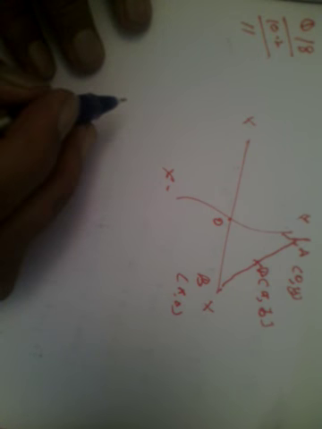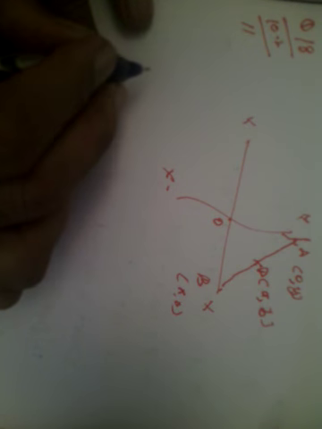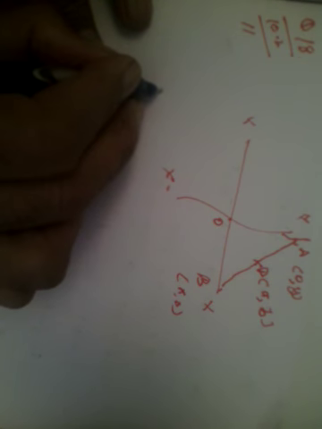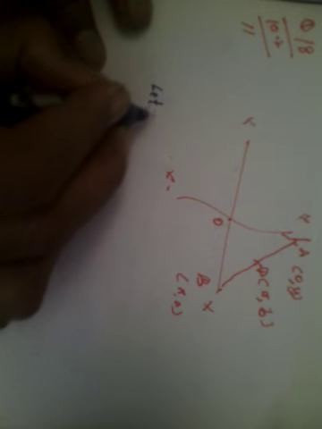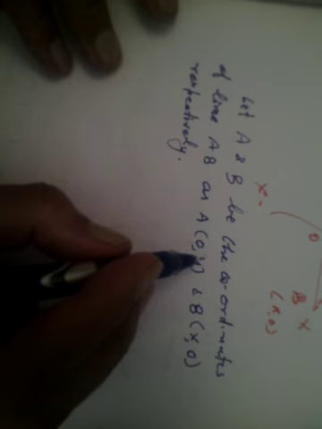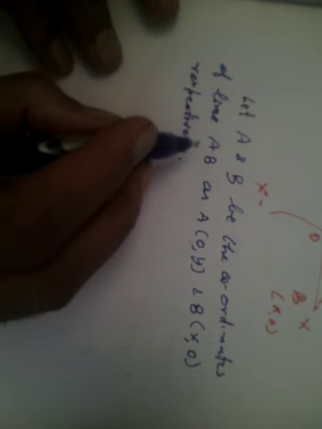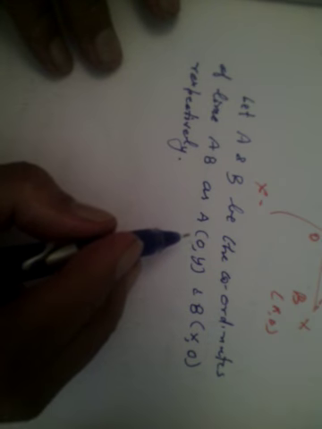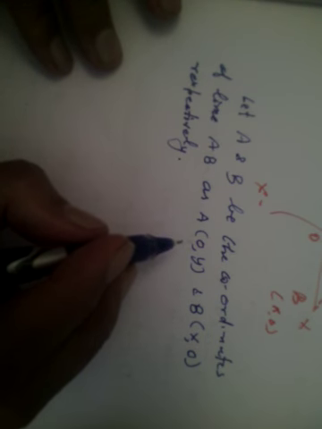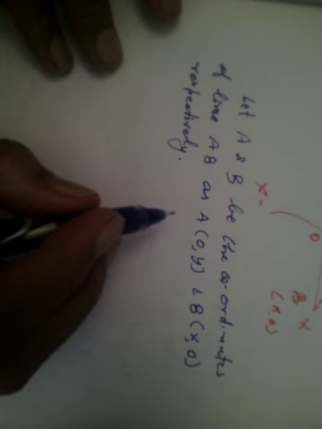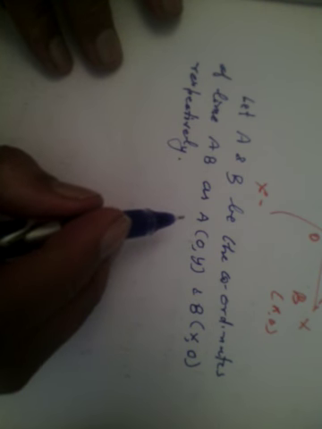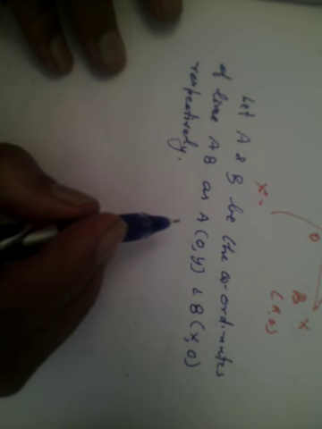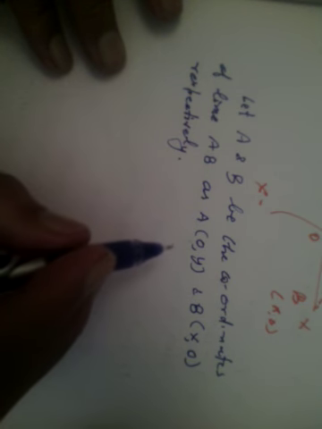So in this case, let the coordinates of A and B be A is (0, y) and B is (x, 0) respectively, because A lies on the y axis and B lies on the x axis.